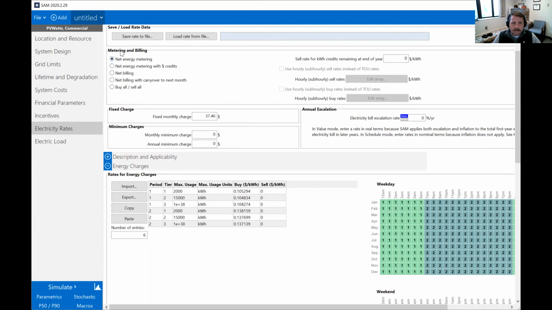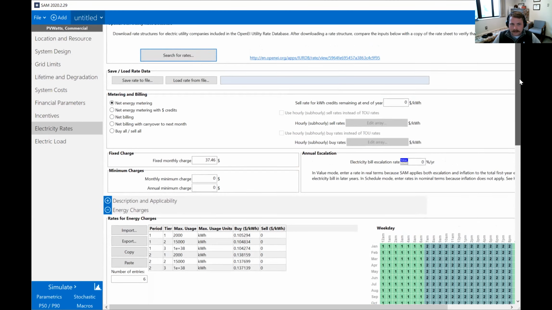Which of these metering and billing units you want is going to be really important for you to be able to select the right one, and this is based on the current net metering law in your state. If you had annual net metering, like we described on our net metering day, you would pick this top one. If you have monthly net metering, the second one is the one you want.